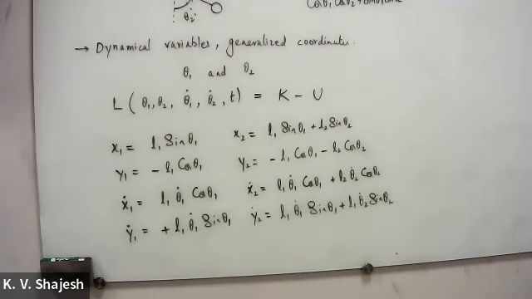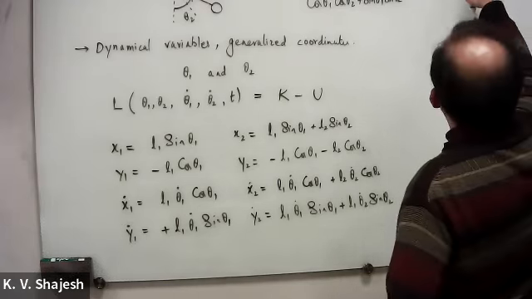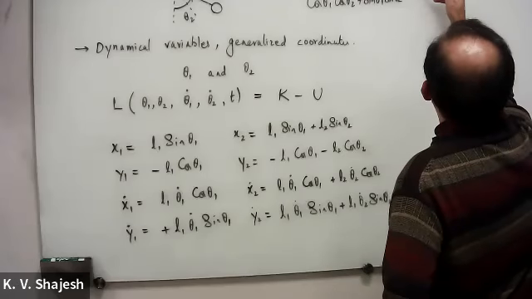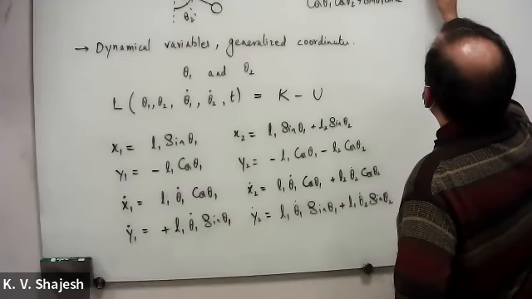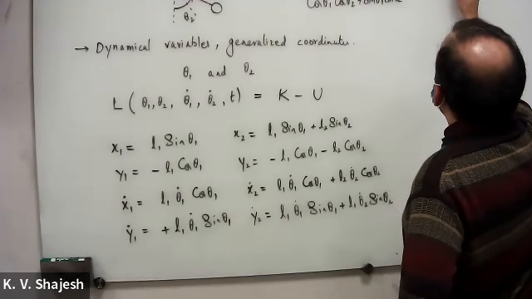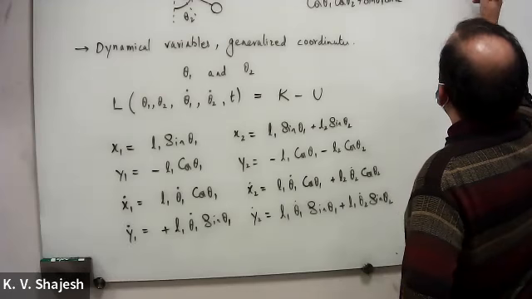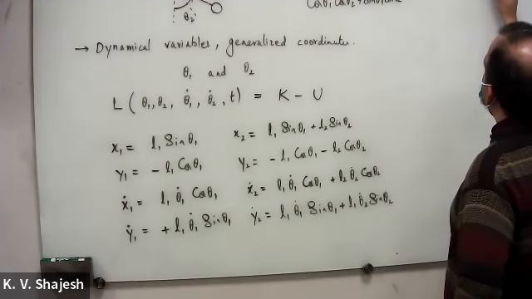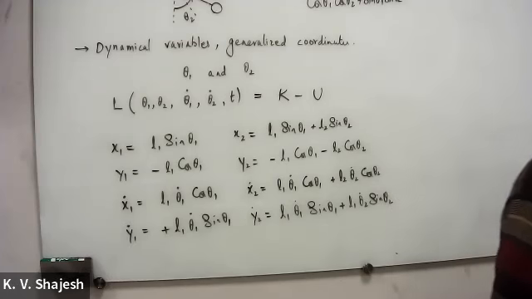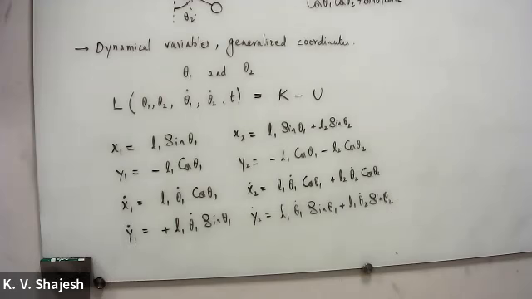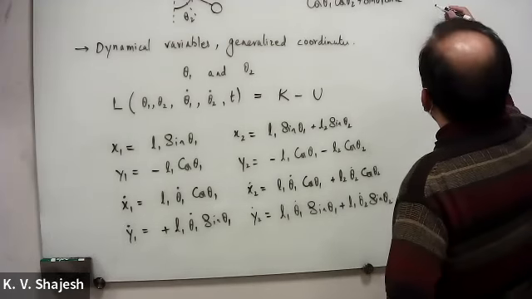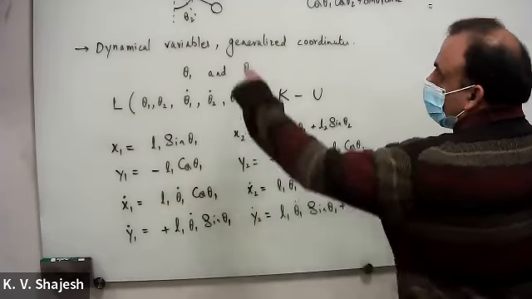Questions? Okay, if that's the case, then that's kinetic energy. We have the formula there. We have potential energy. Potential energy is M1 G times Y1, like how high you are, plus M2 G times Y2. But I want to write everything in terms of theta 1 and theta 2.